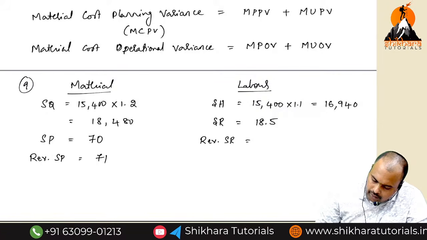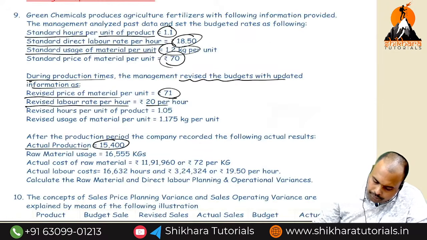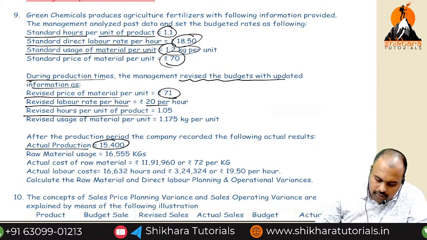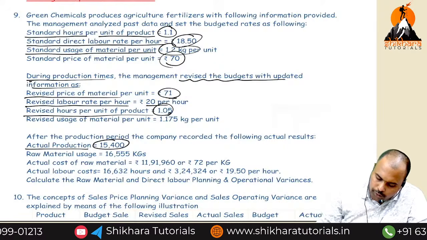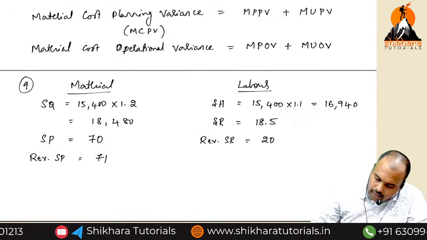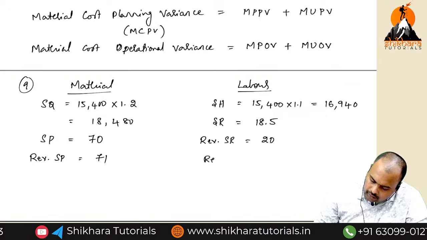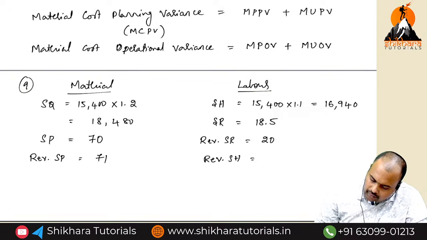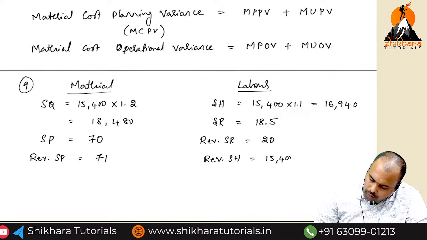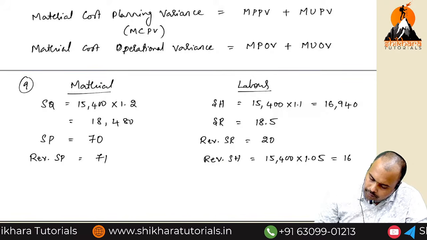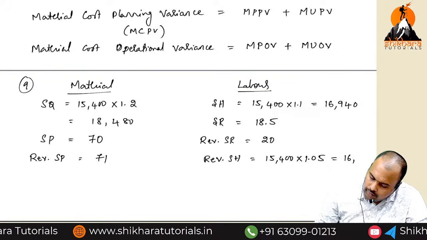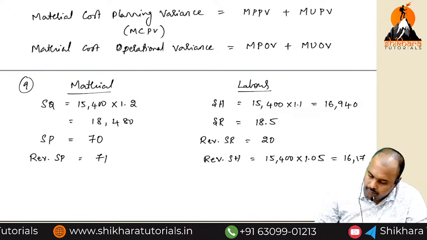Revised SR is equal to 20. Now revised hours per unit of a product is 1.05. Then revised standard hours are 15,400 into 1.05, which is 16,170.